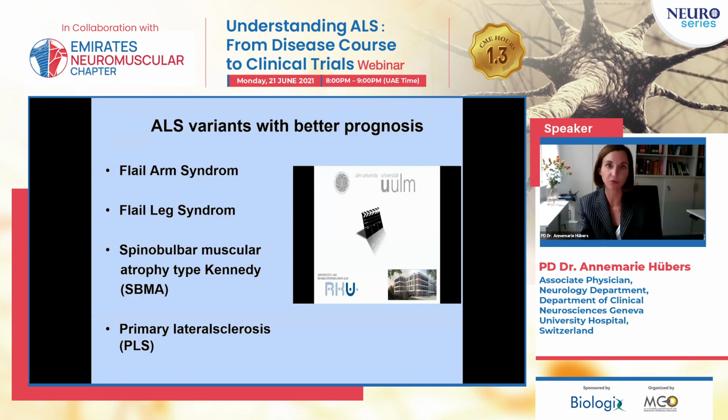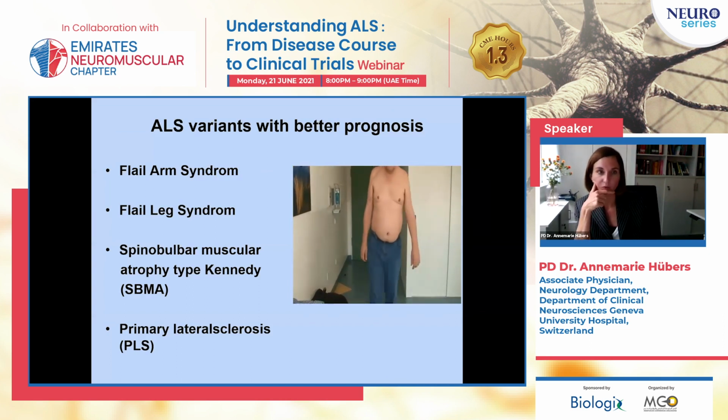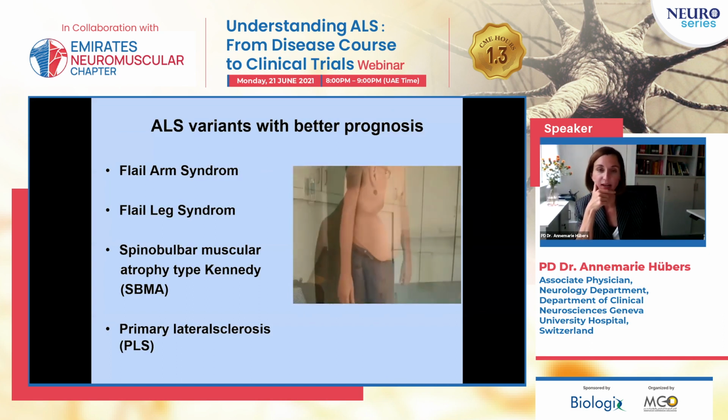I mentioned this before. This is a first motor neuron disease, which shows a very, very long disease progression over decades. Here I show you an example of a patient with the so-called flail arm syndrome.